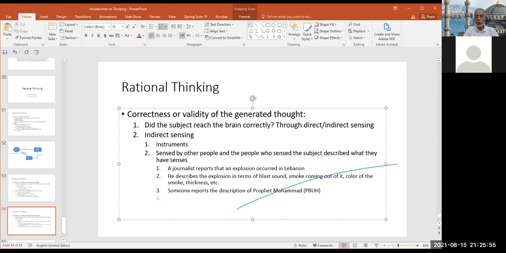And going back to the issues involved here, one is how trustworthy the report is. For example, the report of an ayah or a hadith.